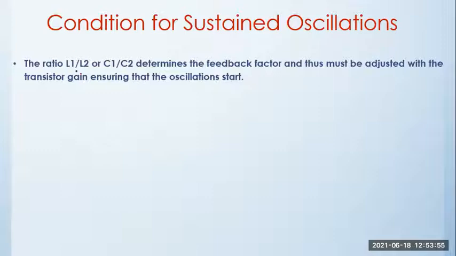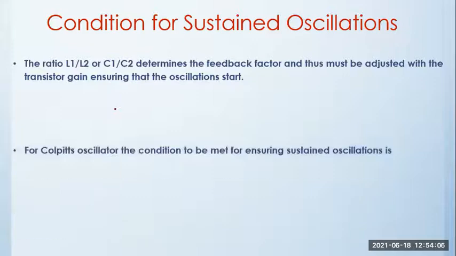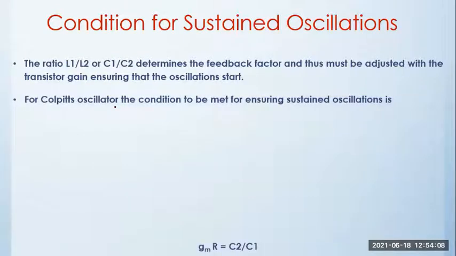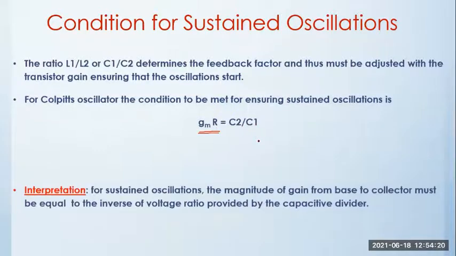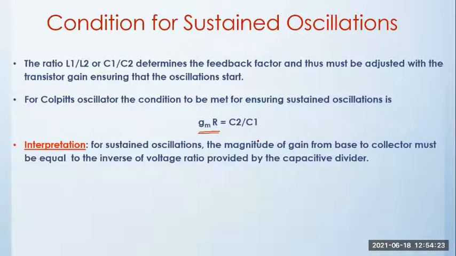If I take the ratio, I can equate the gain to that ratio, and if I am able to adjust the gain as this ratio correctly, you will be able to get stable oscillations. For Colpitts oscillators, the gain of the amplifier gm into R should be equal to the ratio C2 by C1. So remember this, the gain should be equal to that ratio, then you will be able to obtain sustained oscillations.